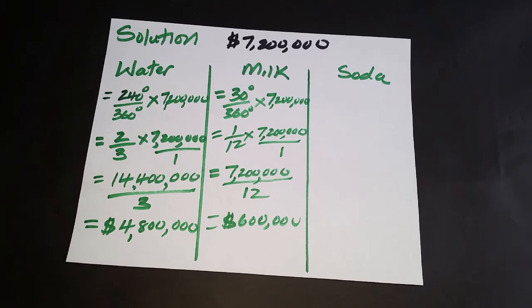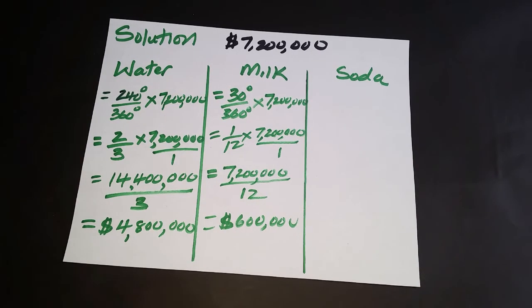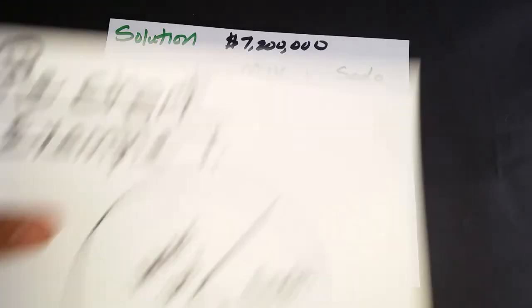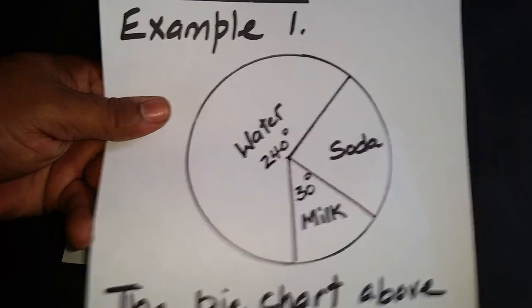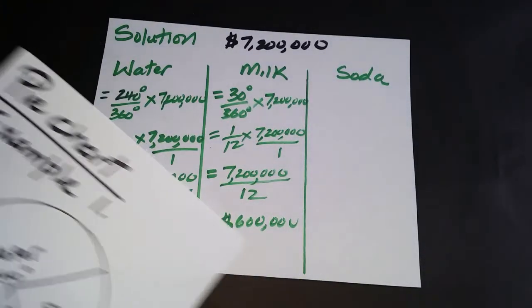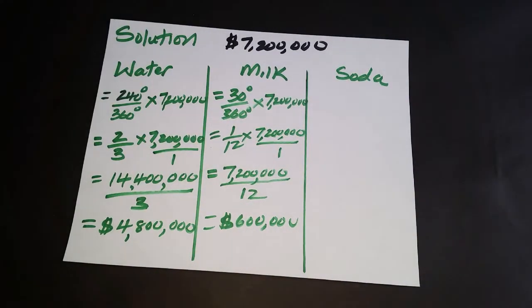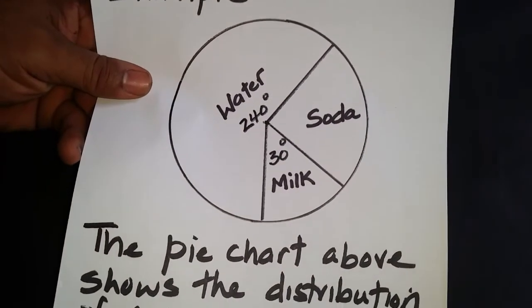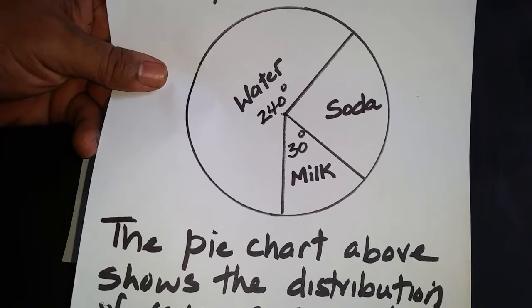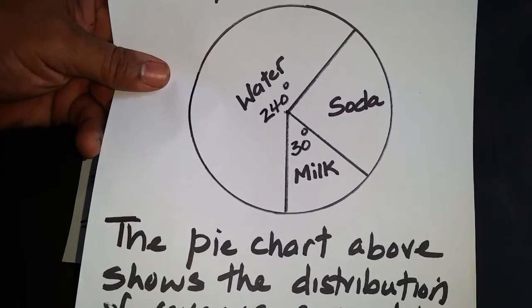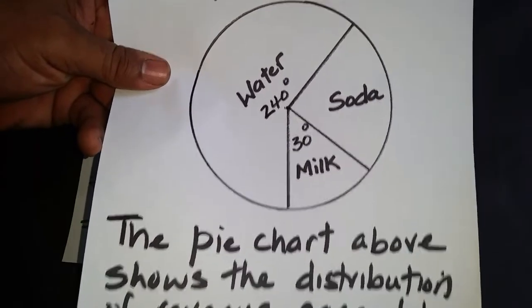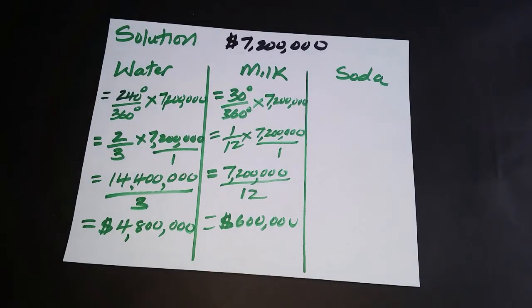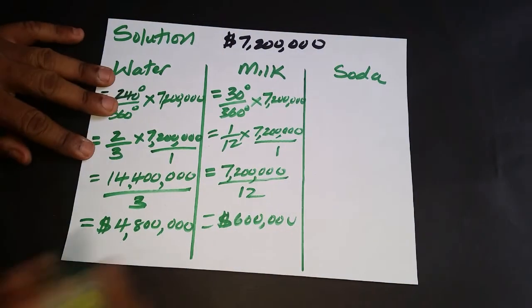Or you can go ahead and just know that for soda, seeing that the angle wasn't given for soda, this is optional. Of course, we've already found the answer by simply adding these two and subtracting it from the 7.2 million. But to go the long route, just to show you that it works out. Soda, to find the angle in the soda sector, we simply add the angle 240 and 30 to get 270, and then subtract that from the 360 degrees.